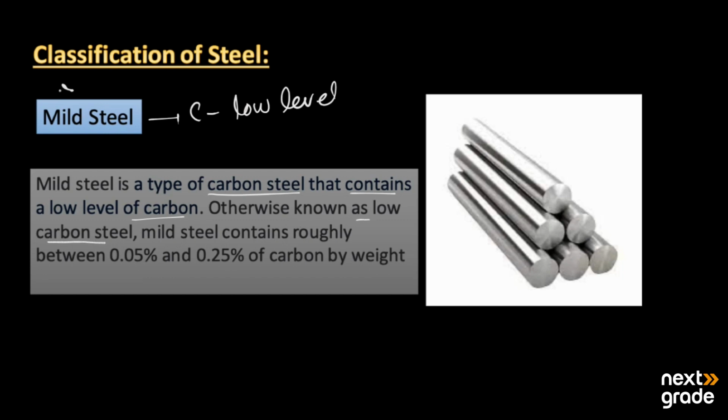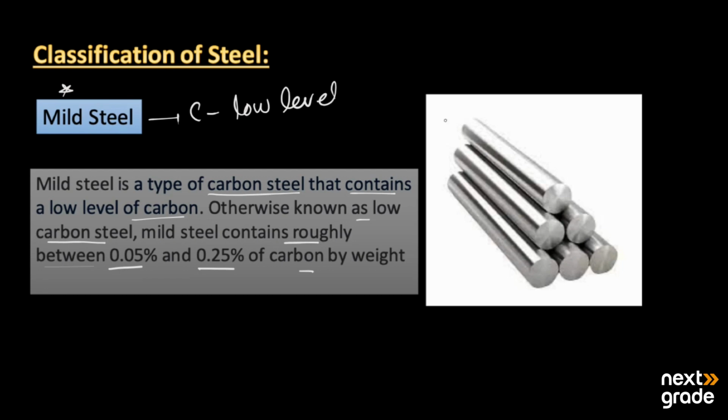That's why it is called mild steel. It contains roughly 0.05% to 0.25% carbon by weight.